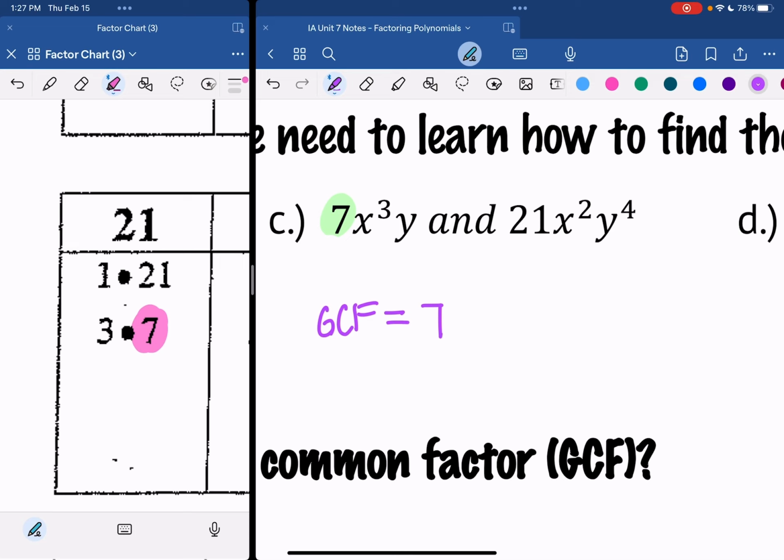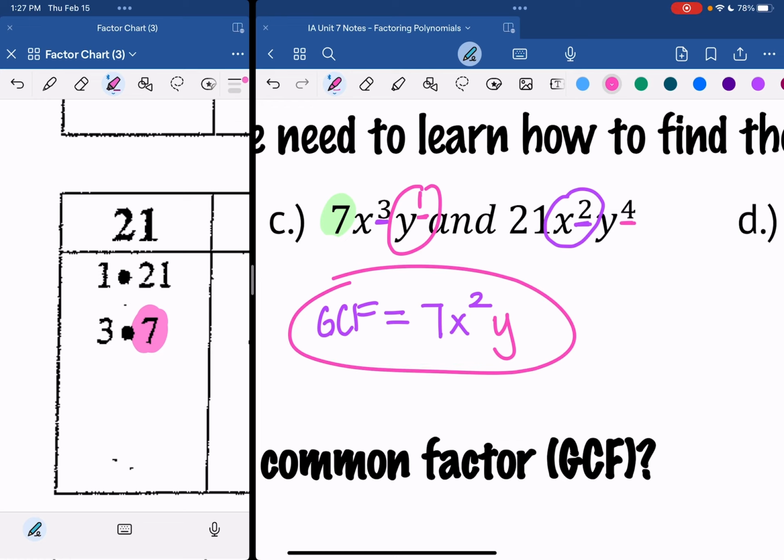For our x's, we have a 3 and we have a 2. So we're going to pick the smallest, x squared. We have a y to the first and a y to the fourth. Again, we want to pick the smallest for our variables, so we say y to the first. We don't really need the 1. So that is our greatest common factor.